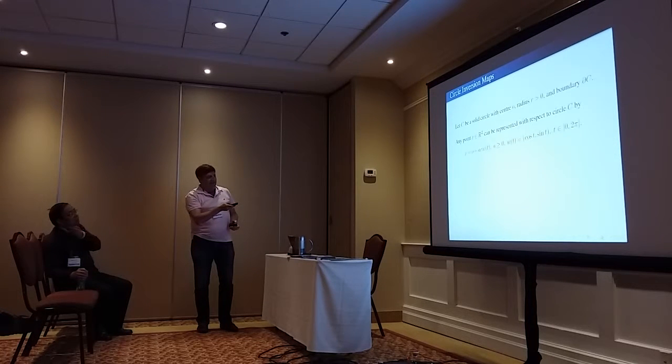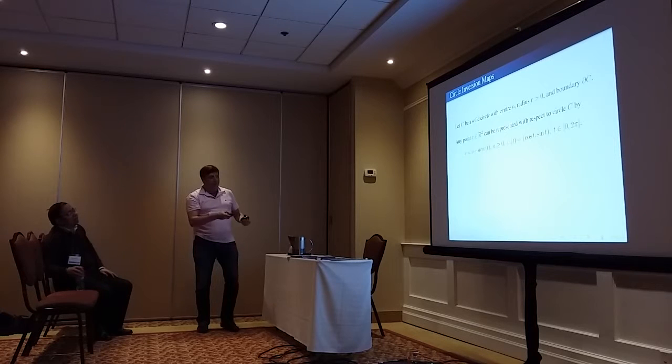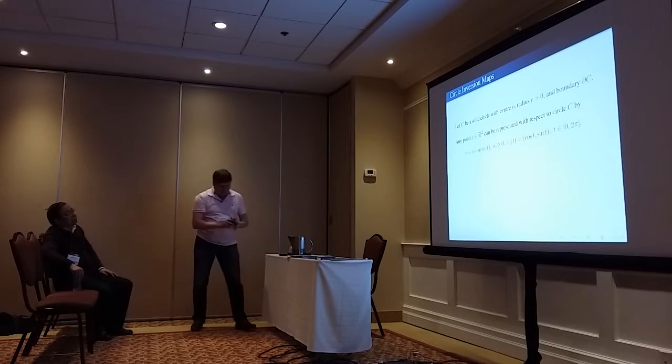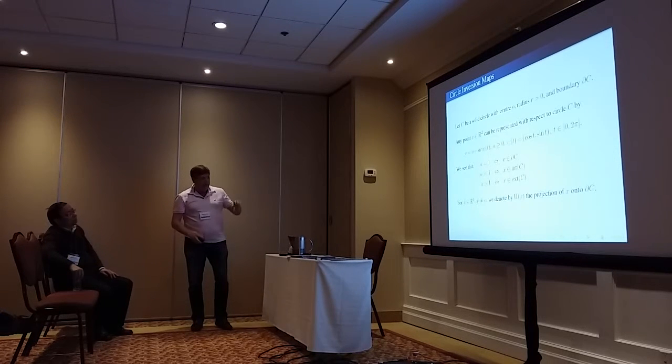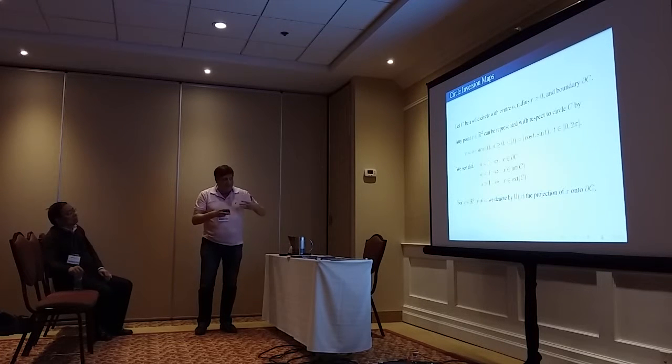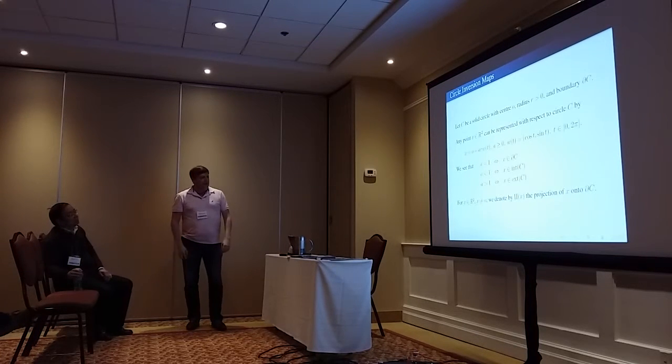I purposely have this scaling factor a on the radius so that I can tell if I'm inside or outside the circle. W is just the usual unit polar vector, and R then scales it to be radial length, and then a bigger than 1 tells me I'm outside the circle, a equals 1 I'm on the circle, the boundary, and less than 1 I'm inside the circle. So this will be convenient for figuring out what we're doing.